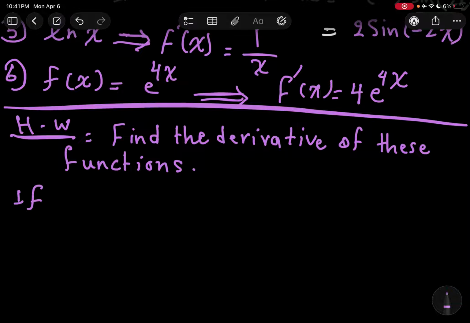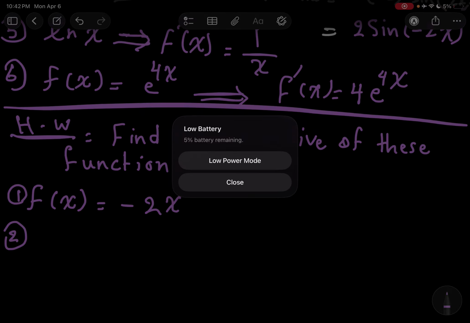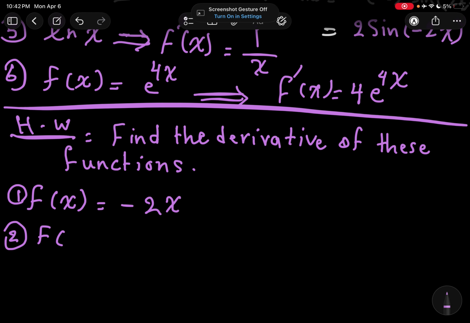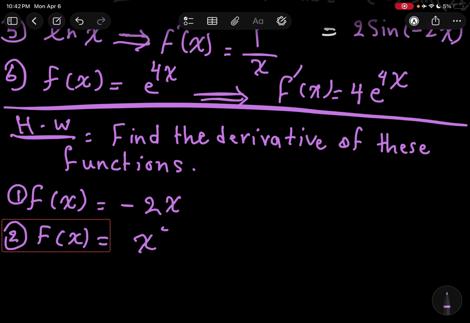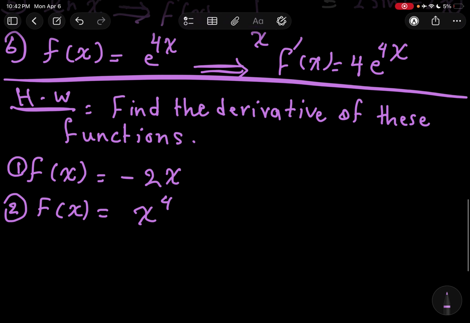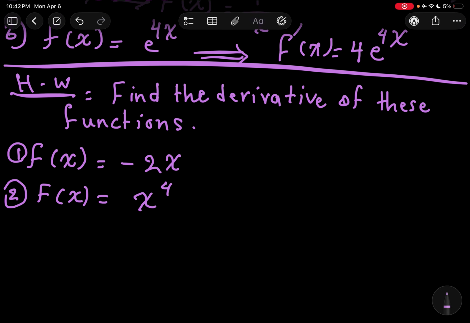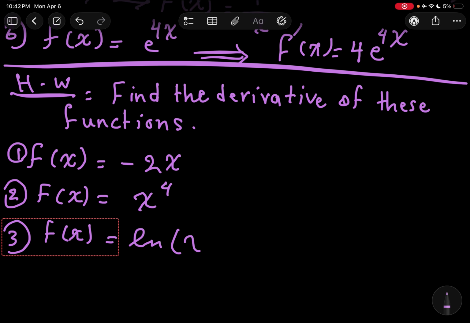F of x, first one, please. F of x equal -2x. Second, f of x, the function x to the 4th power. And third, f of x equal ln x plus 1.